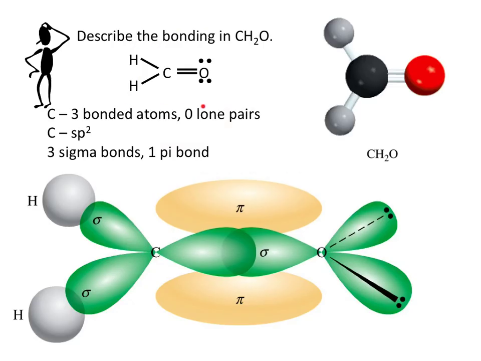So if we look at this example here, and they ask us to describe the bonding in the molecule, we can look at it from multiple perspectives. We could say that this carbon atom is sp2 hybridized. The reason I know it's sp2 hybridized is because the carbon has 1, 2, 3 groups around the central atom.